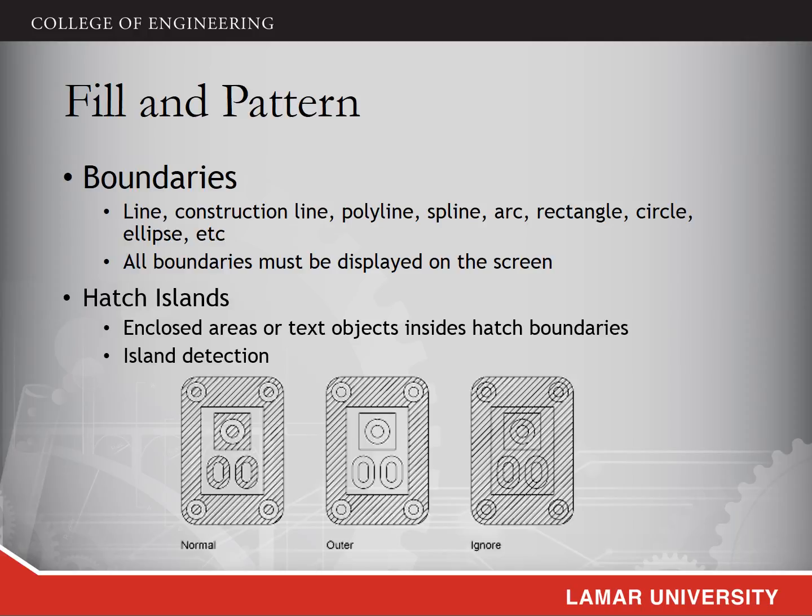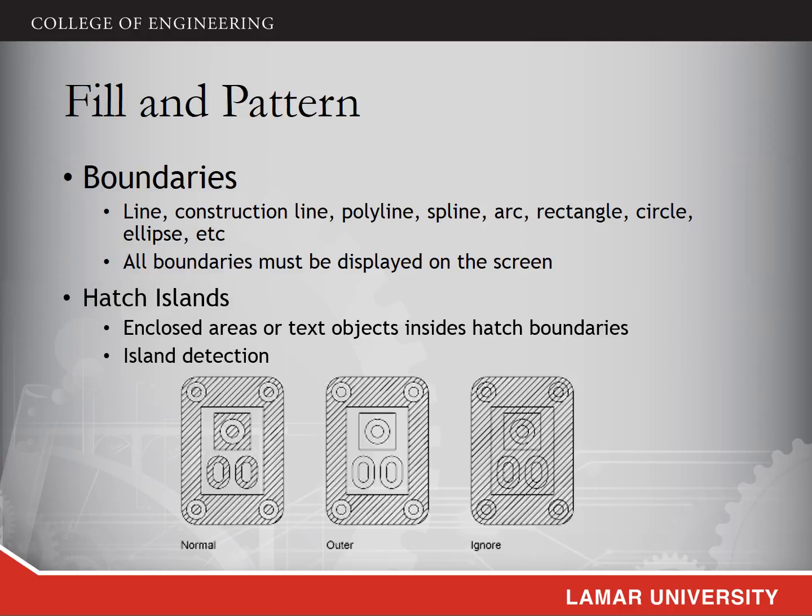With this one, any two immediate hatch islands cannot be filled with the pattern at the same time. This figure shows the results of the normal island detection when all the boundaries, including the circles and rectangles, are selected.